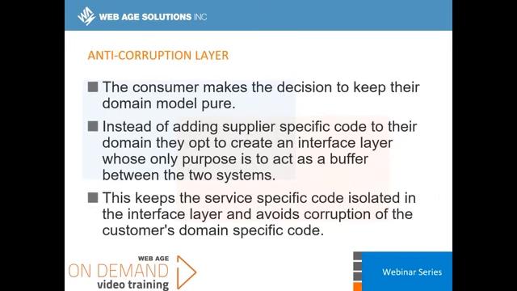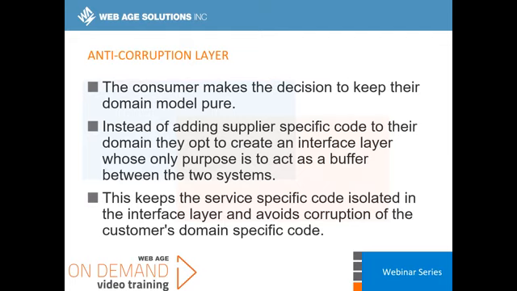On the anti-corruption layer, the consumer says, no, that part about making changes to my model, making changes to my domain, is not acceptable.